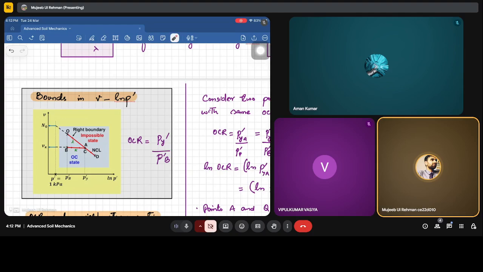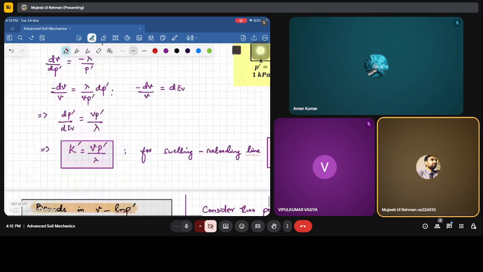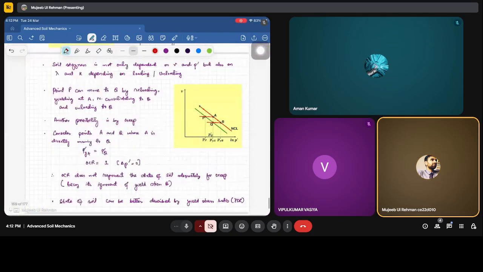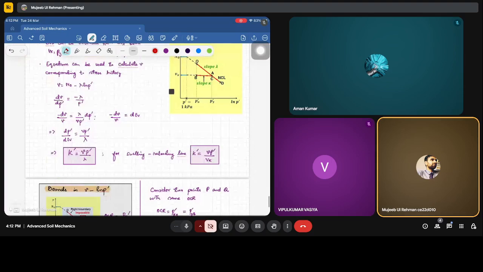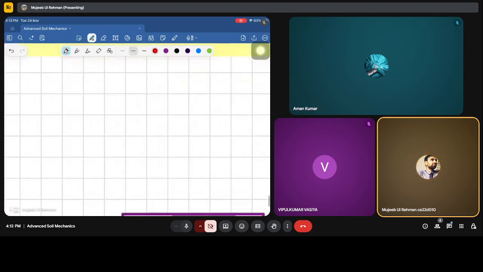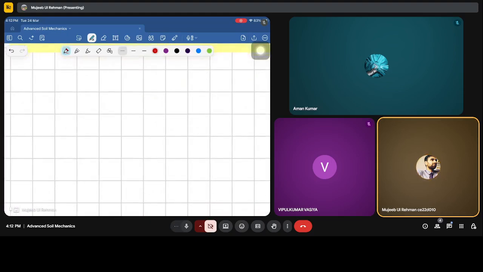For example, I have taken the soil and I am loading it. So I have e versus log p.